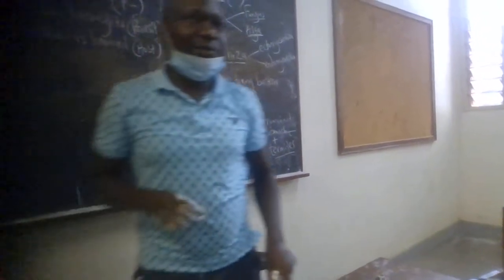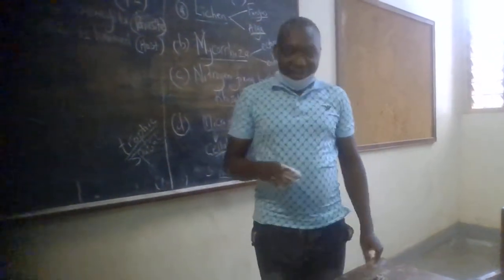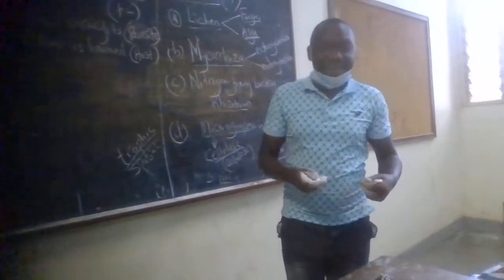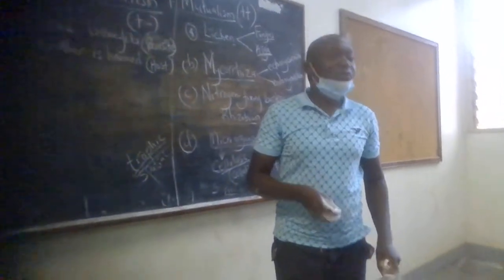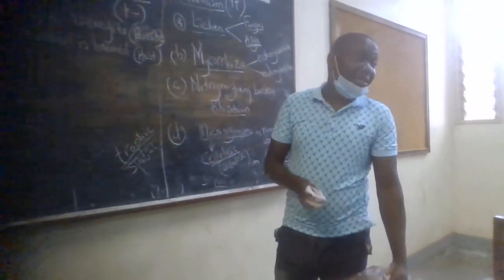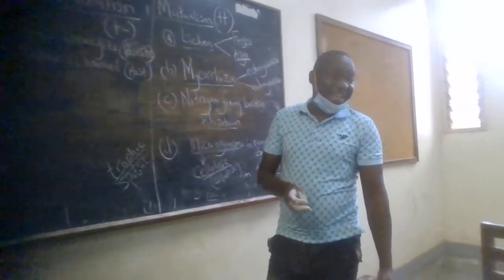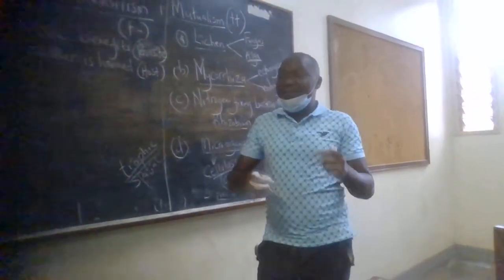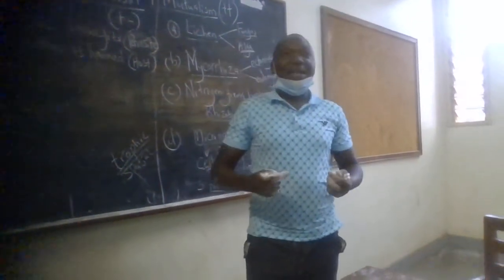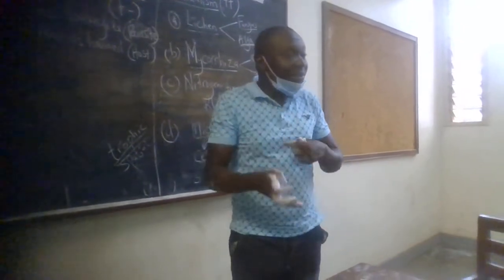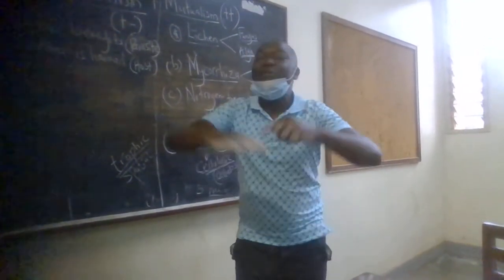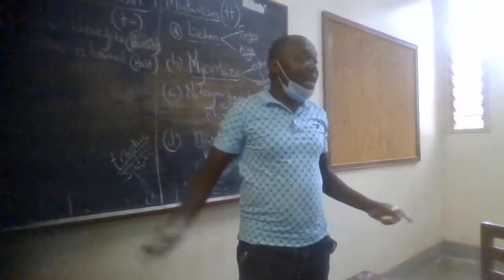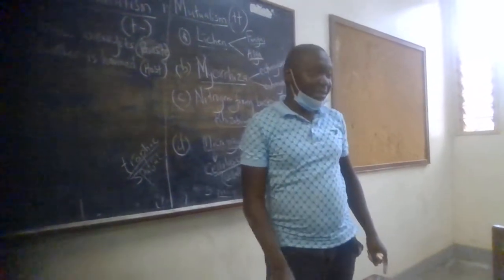Now, the host suffers harm, the parasite benefits. But I should tell you, I don't want to use the word wise, but a successful parasite should never kill its host. If you are a parasite and you want to reproduce, you keep on reproducing and spreading, increasing in numbers, never killing your host.